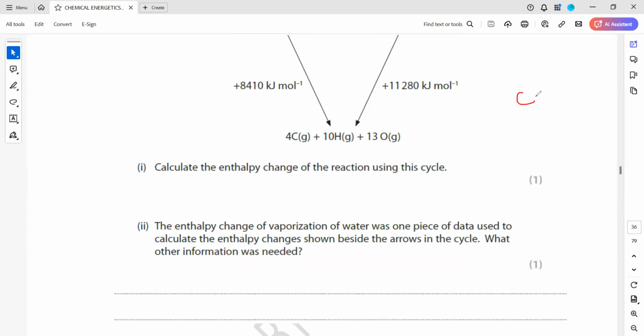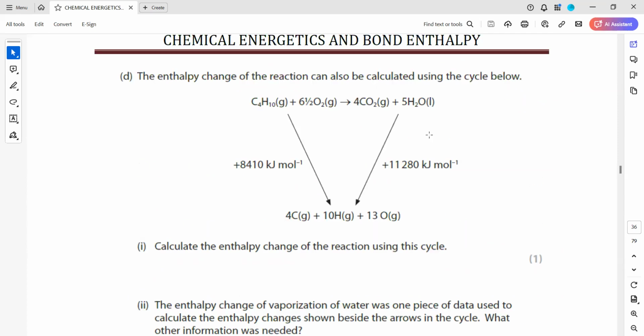Bond enthalpy means how much energy is released or how much energy is needed to break these bonds. Here we are producing C4H10, which is 2-methyl propane, because carbon and hydrogen will react to form it.